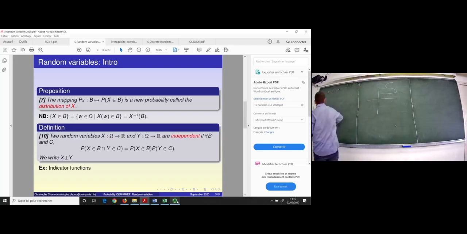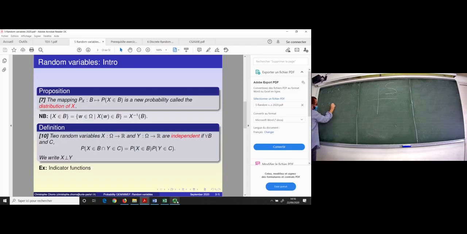Well, you want to be sure about what we are going to speak about. So I have my mapping from omega into R, and I define the following. I define P of X in the following way.